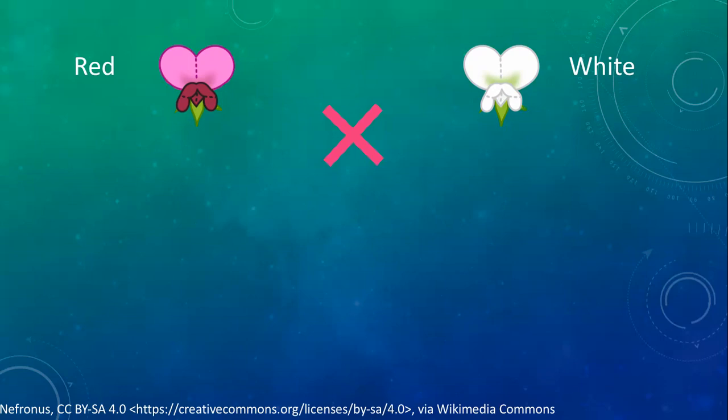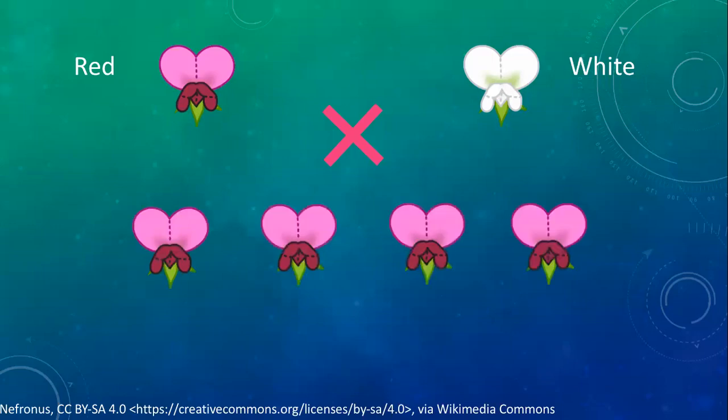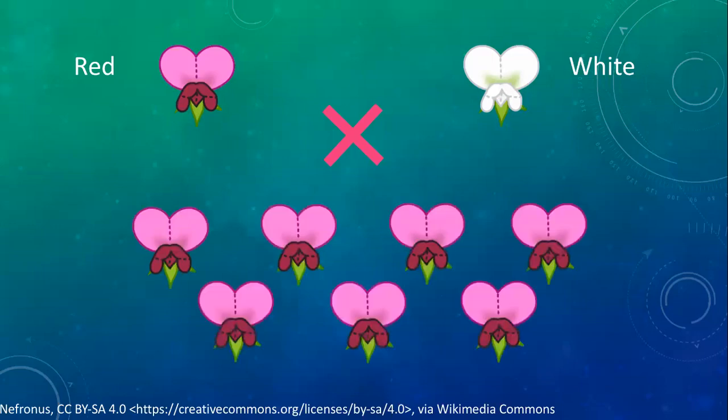colored flowers. But what he actually saw is that every single one of the plants in the next generation of hybrids, the F1 generation, was red flowered. There were only red flowers, not a single white flower in this generation. And he did this repeatedly, and there were no white flowers.